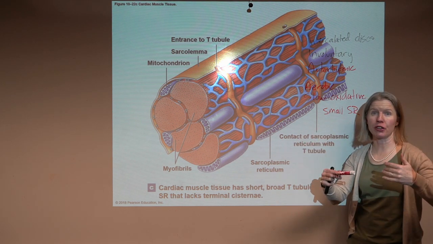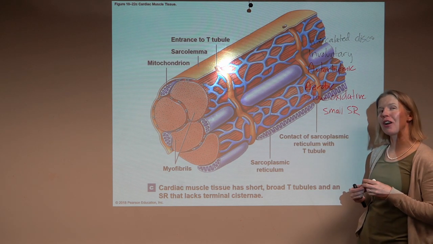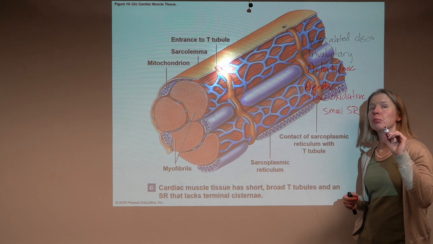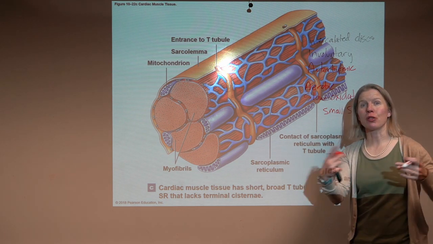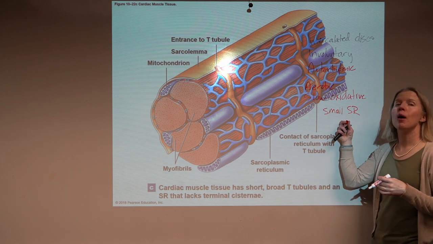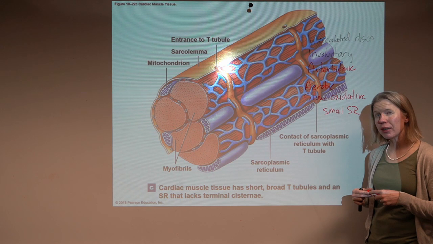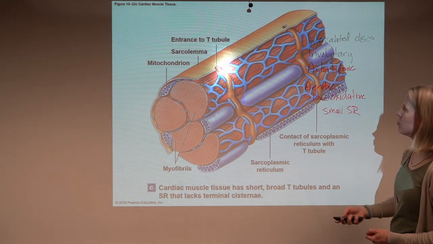The sarcolemma is actually very permeable to calcium. It rushes in for contractions to take place. And so what that tells you is blood calcium levels, like we were studying how the bone, right, maybe is this reservoir for blood calcium. Cardiac muscle is much more sensitive to changes in blood calcium levels than skeletal muscle is.